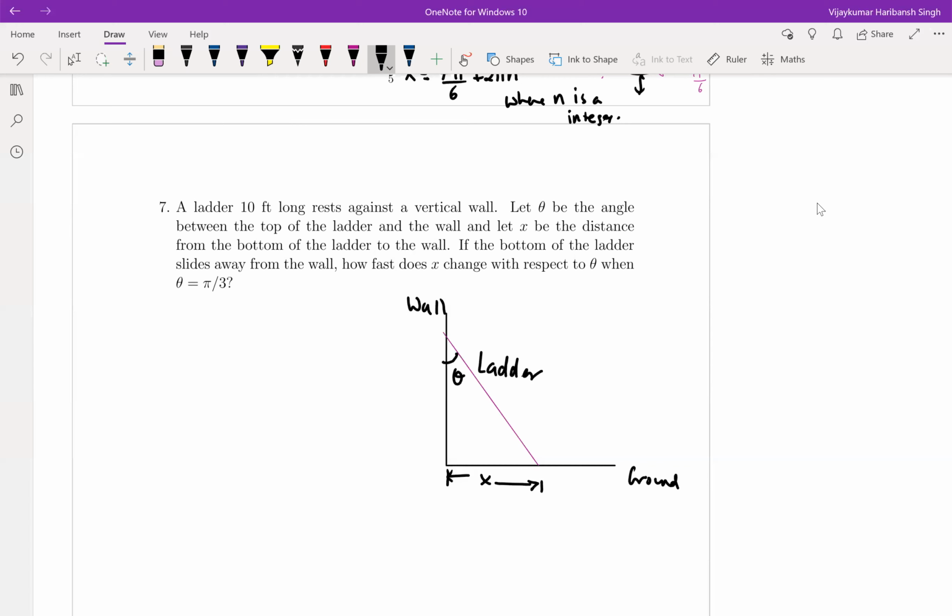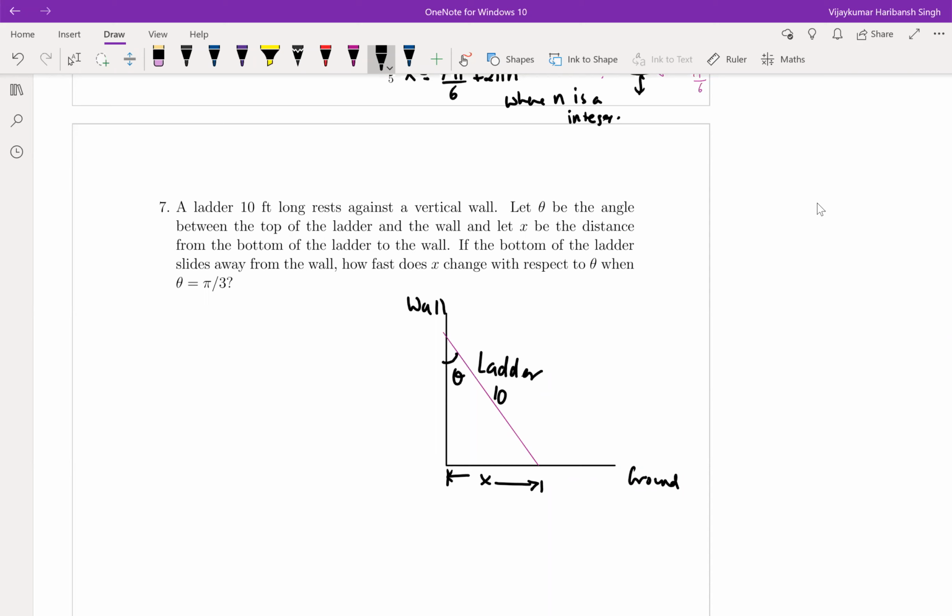Now, what is the question asking us? If the bottom of the ladder slides away from the wall, how fast does x change with respect to theta? So we need to connect theta and x. We also know that the ladder is 10 feet. So what can we use which will connect theta, x, and 10?